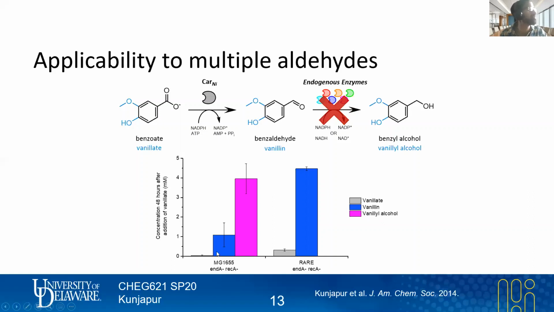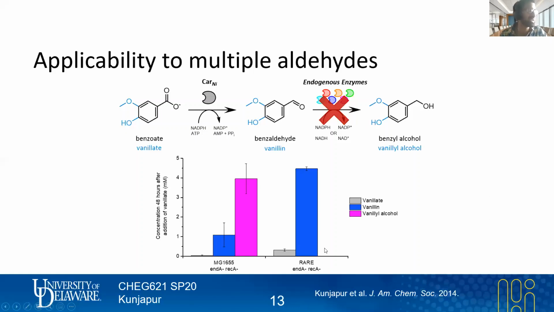Indeed, when you look at the wild type strain after 48 hours, you do still see some vanillin around, but you can clearly see that most of it has converted to vanillyl alcohol. And here, because of the reduced volatility, you get a nice clean 4 millimolar, you get back your 5.